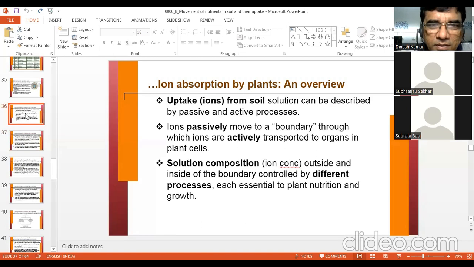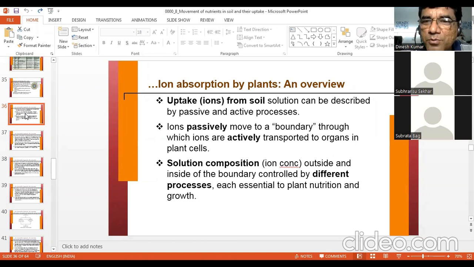Now, uptake from soil solution can be described by passive and active processes. So now it is simple uptake. It is just entering into the roots. So here also you get active and passive uptake. There can be active and passive transport also.